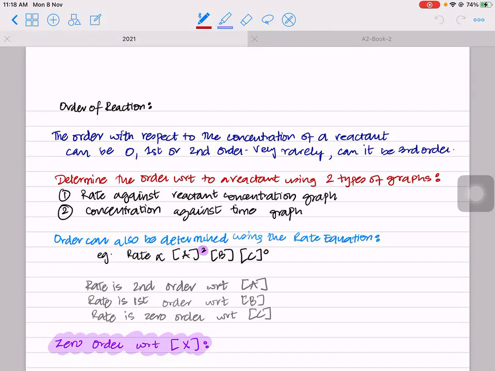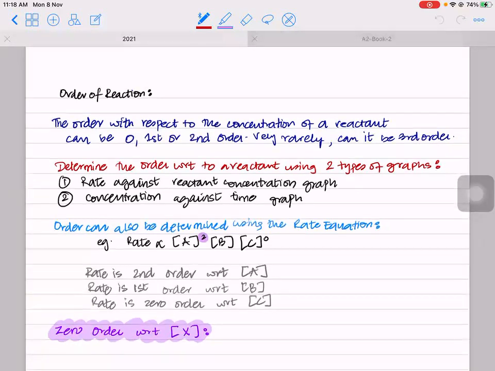Now, there's something called the order of reaction. What is the order of reaction? It is the power to which the concentration is raised to in the rate equation. Like, for example, this equation right here, where rate is directly proportional to A squared, B, C raised to the power 0. So, by looking at this rate equation, you can determine the orders. How?